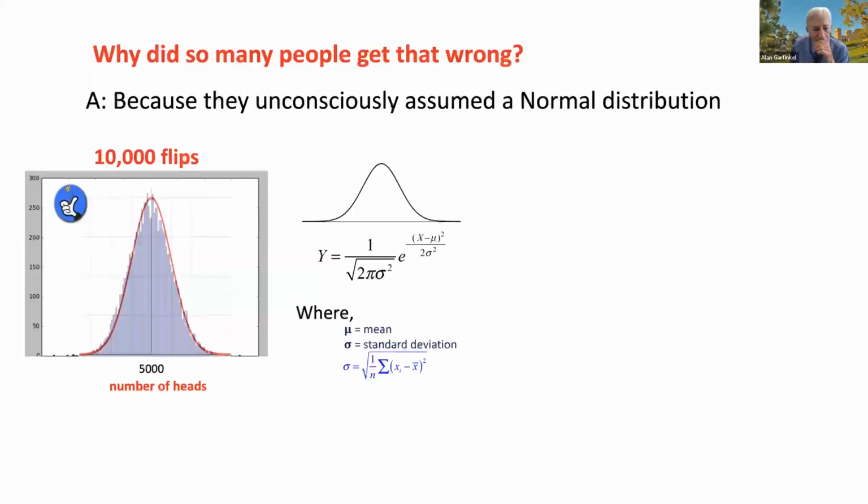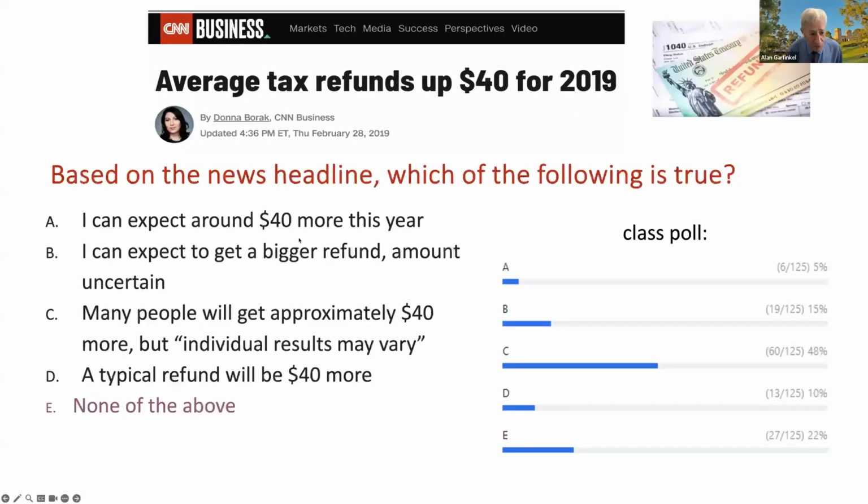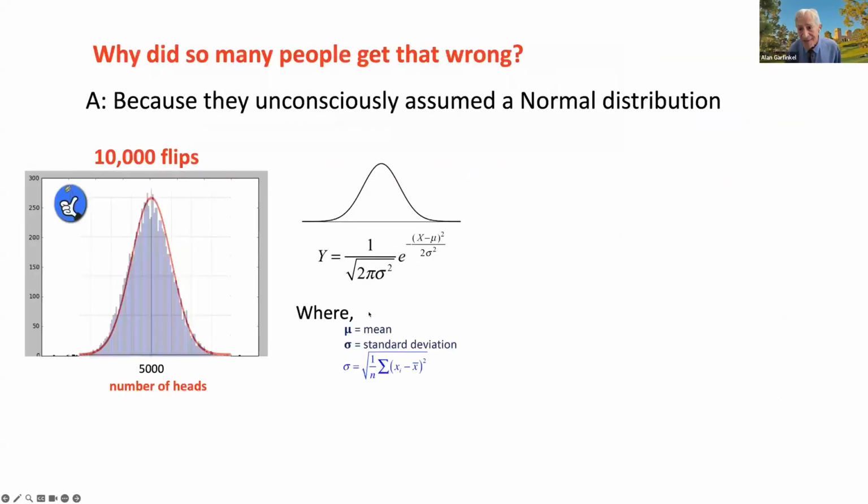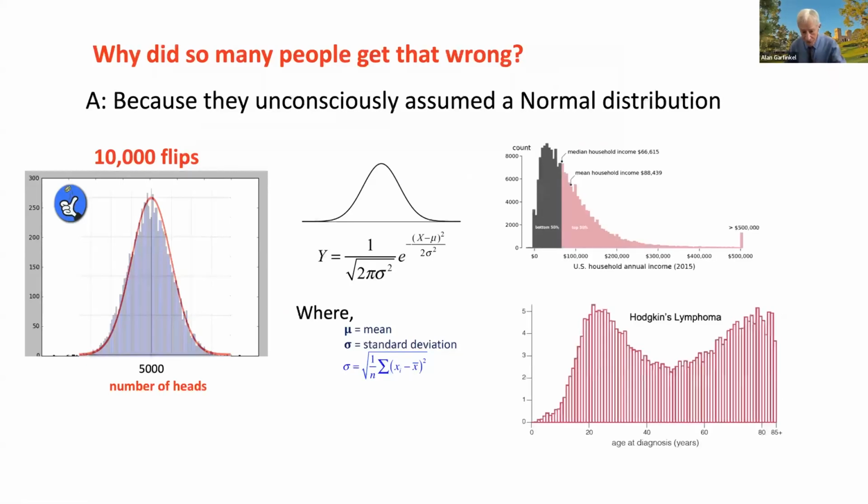And the answer is because you were conned into believing that everything is normally distributed. Because if everything was normally distributed, these would all be true. But it isn't, and so it's not. So this assumption of the normal distribution in the face of data which is not a normal distribution is a major problem.